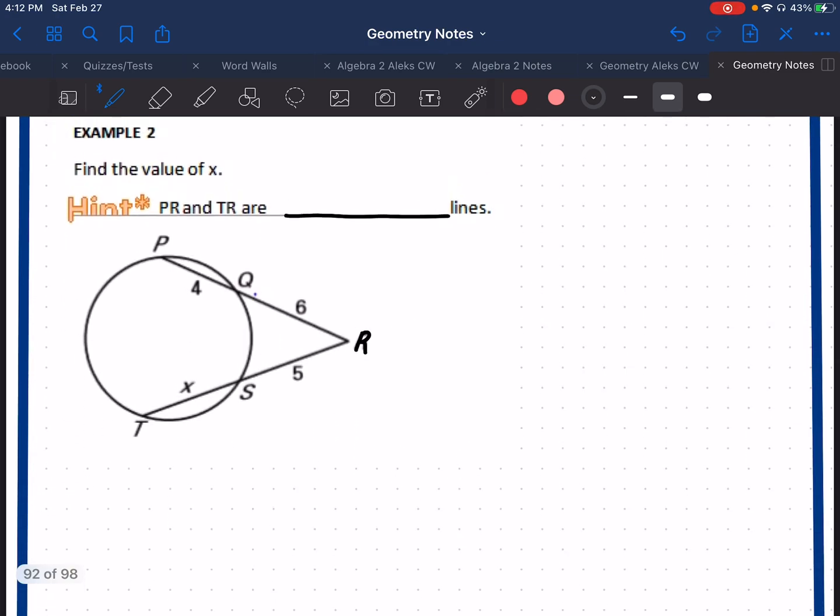Find the value of x. And I've gone ahead and given you a hint here. PR and TR are secant lines. Okay, so I'm going to highlight this just like my theorem up above. I'm going to highlight the exterior part and then the whole thing.